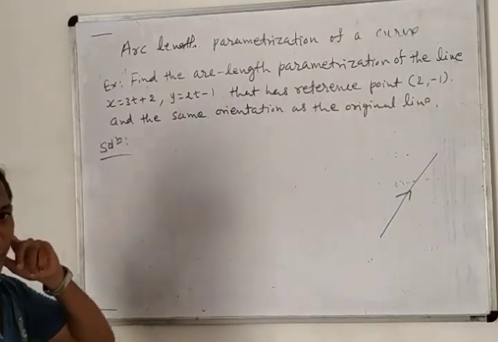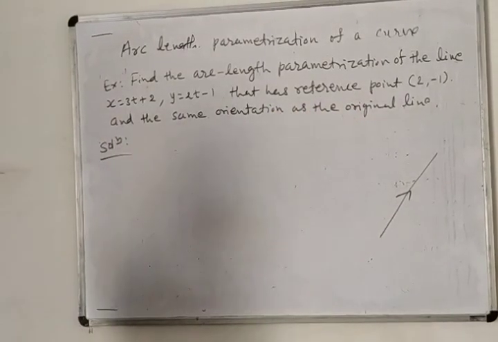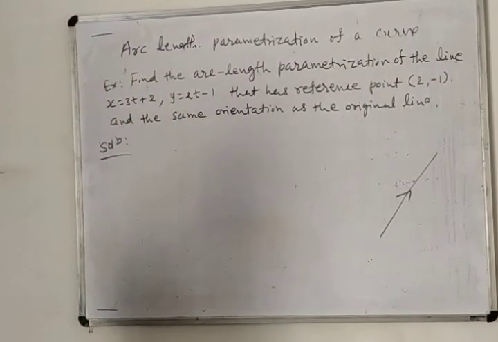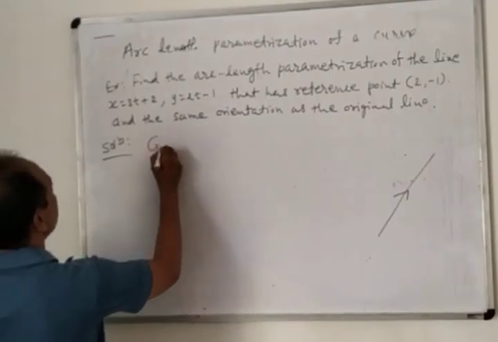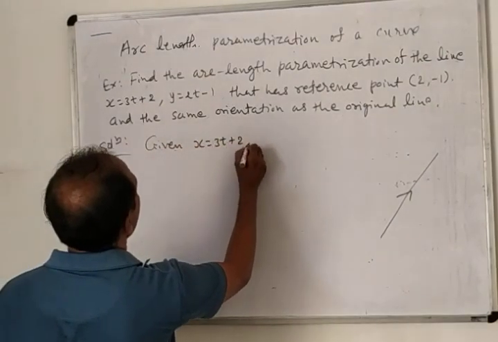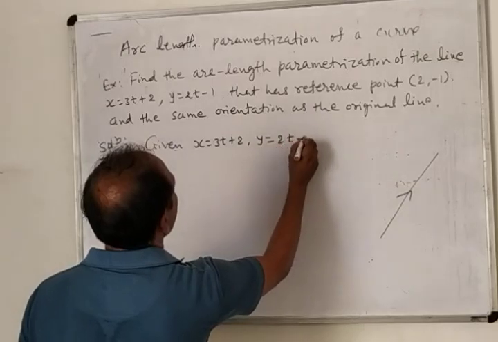After obtaining the value of s, we will put the value of t in the original equation. Here we are already given the parametric equations, that means x in terms of t and y in terms of t. So given x equal to 3t plus 2 and y equal to 2t minus 1.